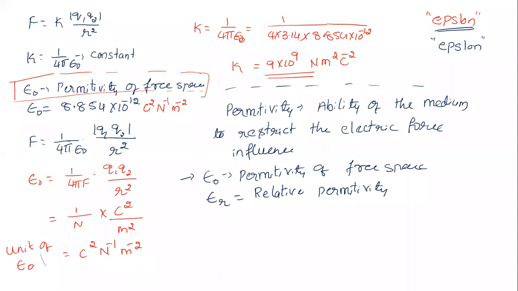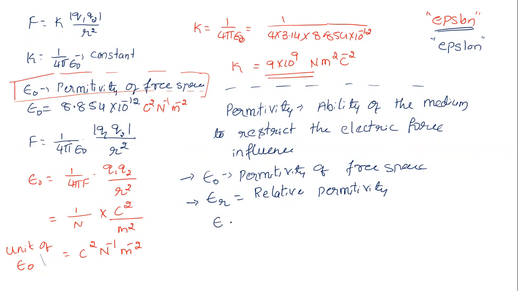It is just like your parents comparing your marks with someone else's: he or she got more marks compared to you, and you're not getting them. Like that, it gives the ability of the medium compared to a reference medium, especially air or vacuum. That is what we call relative permittivity.